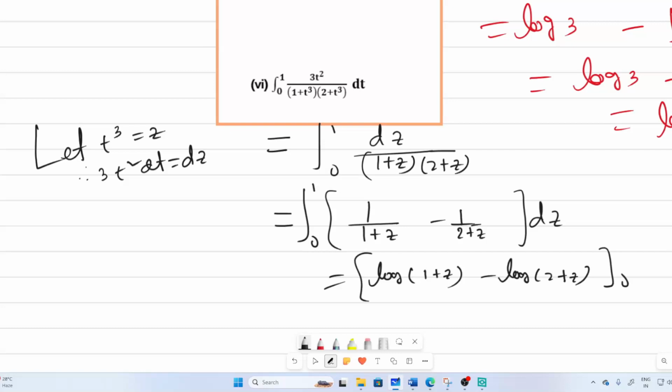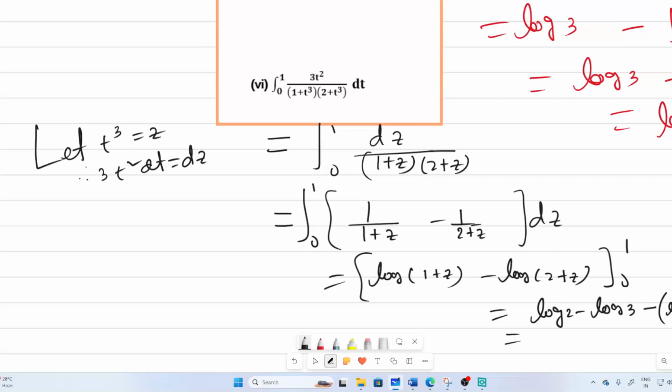Now you write the limits here. Put the upper limit, x equal to 1: log 2 minus log 3, minus the lower limit: log 1 minus log 2. So it is log 2 minus log 3, the whole of the upper limit, then log 1 minus log 2.